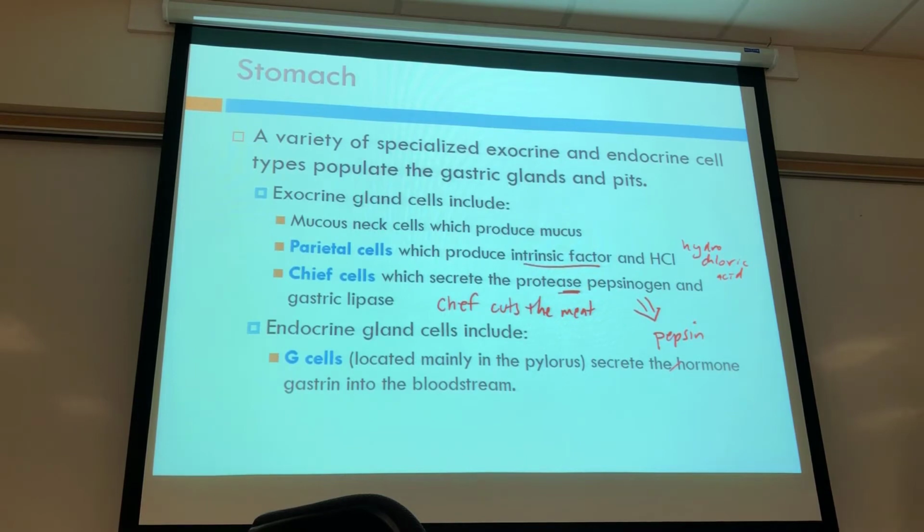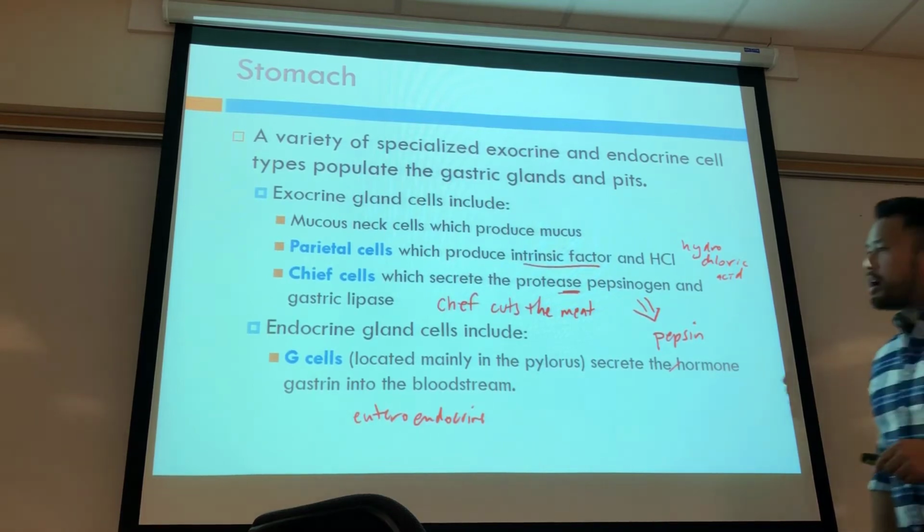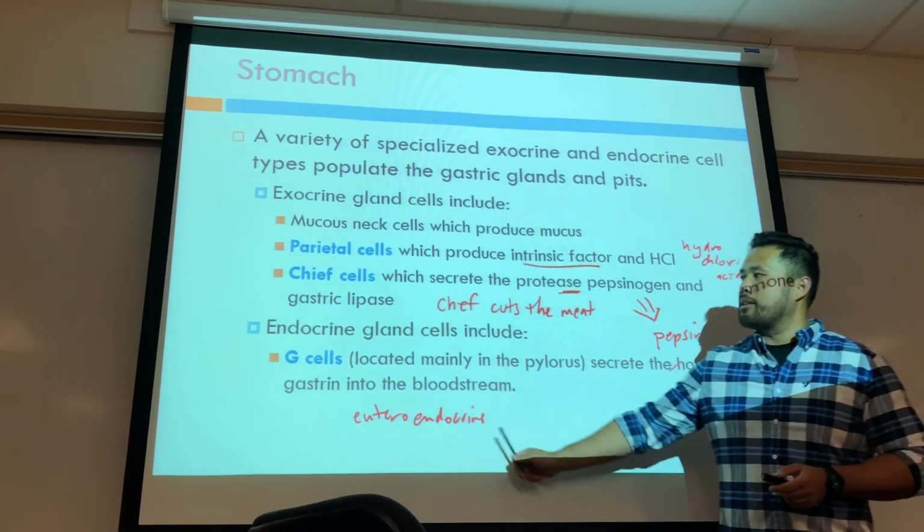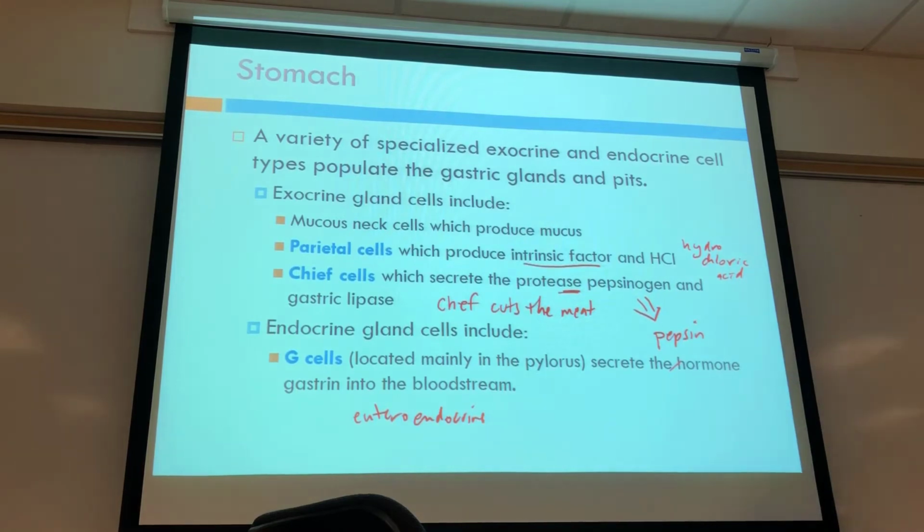The other endocrine cells would be called G cells. This is, and not a term you really need to know, enteroendocrine. So an enteroendocrinologist focuses specifically on the endocrine cells within the stomach. These are produced by G cells that produce gastrin.